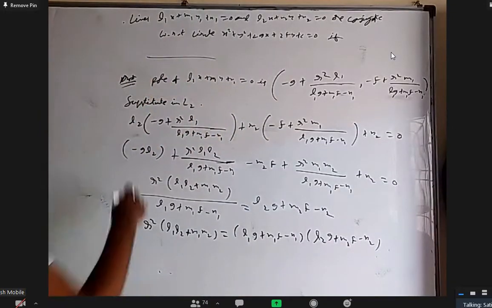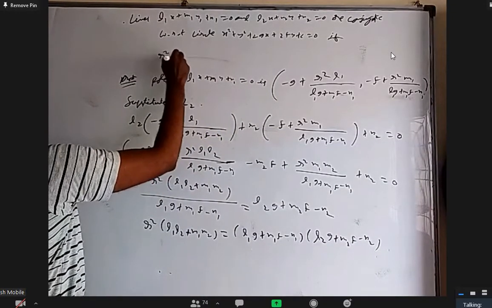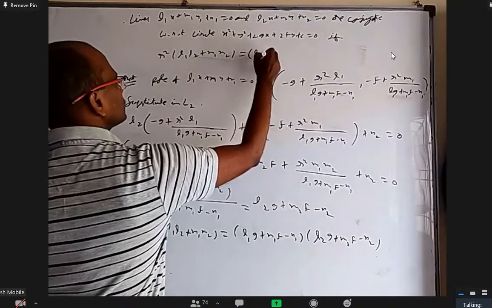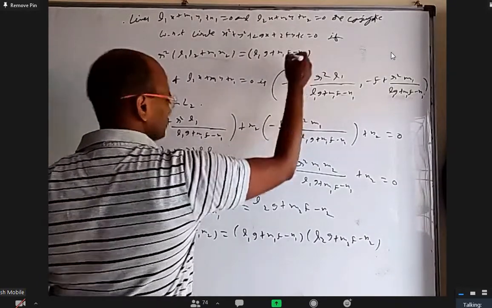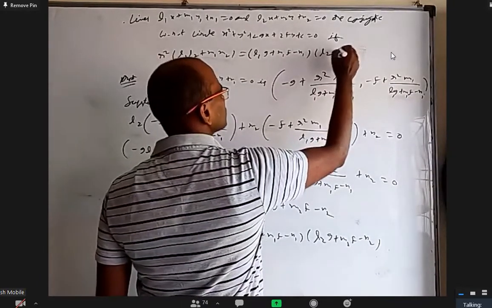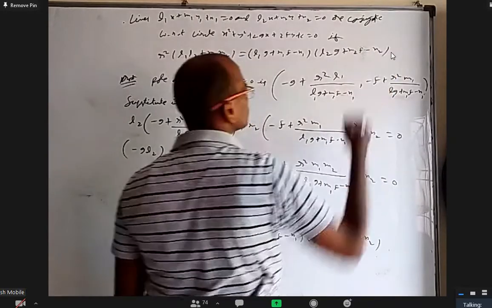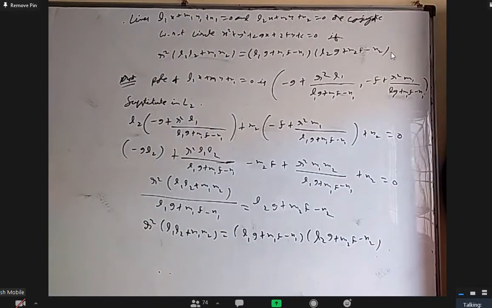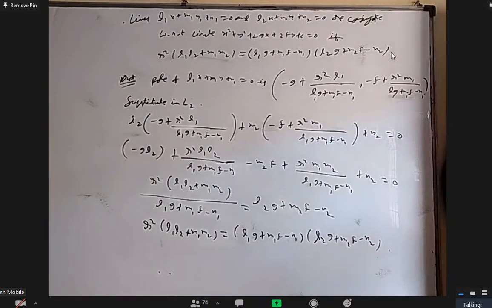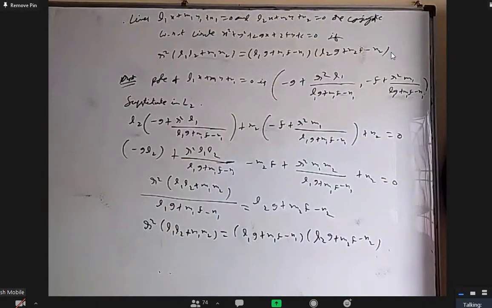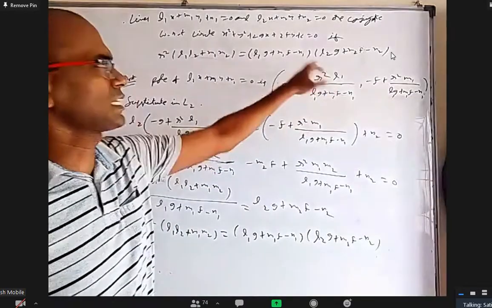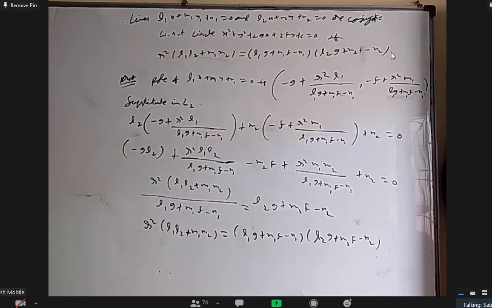Okay, this is the formula I can write. It is basically somewhat like translation of axes, where when you translate the axes, the constant terms of the lines will change based on that.